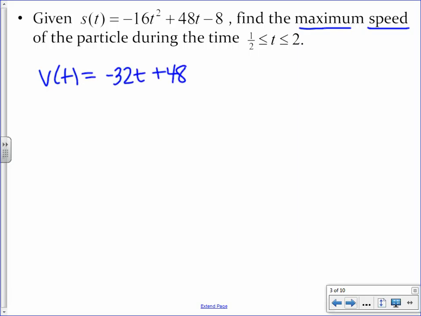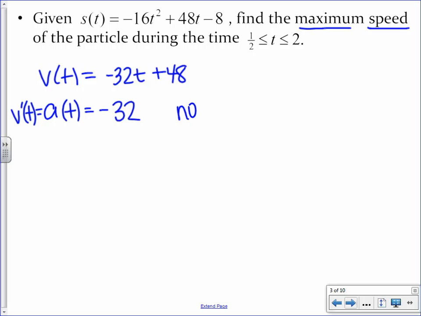So if I want the maximum of the velocity, the critical point of the velocity, we have to take the derivative first. So this is our derivative. We take the derivative of the velocity. Do we have any critical points?